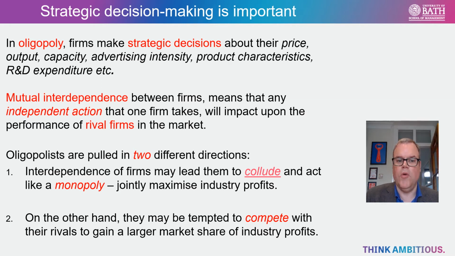First, they know that engaging in activities to steal market share could lead to an unnecessary price war, or say, an unnecessary advertising war, and this will hurt their profits. Hence, they will be tempted to collude and share the industry profits, possibly acting like a joint monopoly or a cartel. However, on the other hand, and as we will see, collusion can be very unstable, and there will always be a temptation for one firm to cheat.